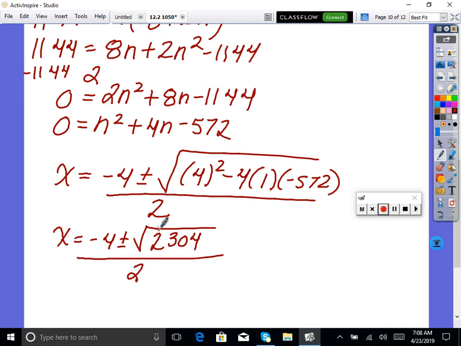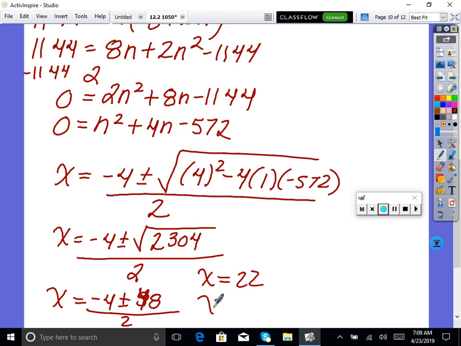This should come out perfectly since it does factor. So x is equal to negative 4 plus or minus 48, all over 2. So then we have negative 4 plus 48 divided by 2, so x equals 22. Then we have negative 4 minus 48 divided by 2, and you get negative 26.